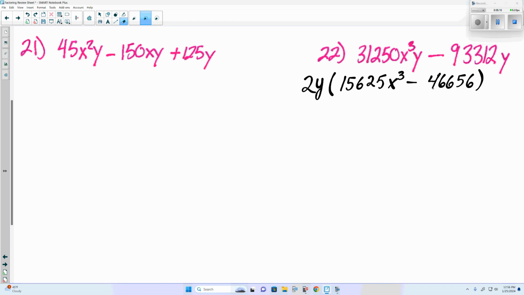So 2, because since they're both even, they are both divisible by 2.